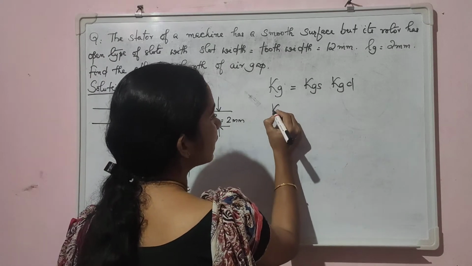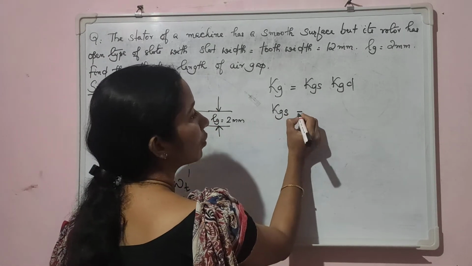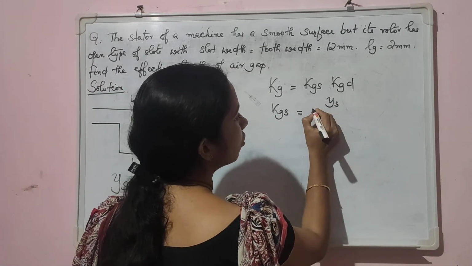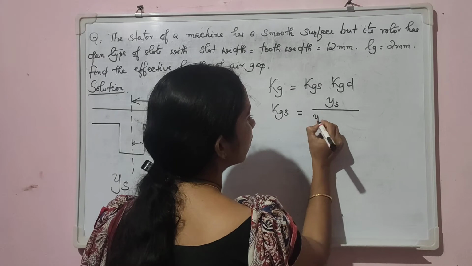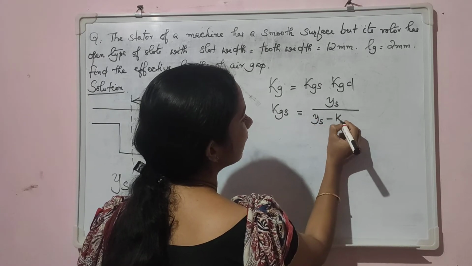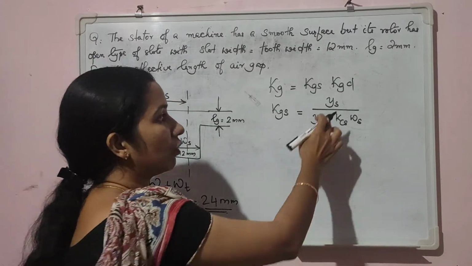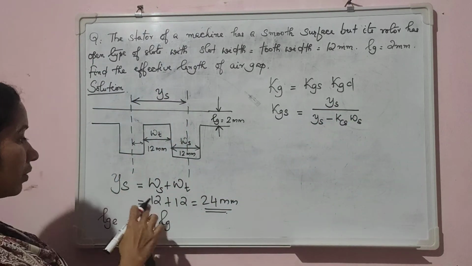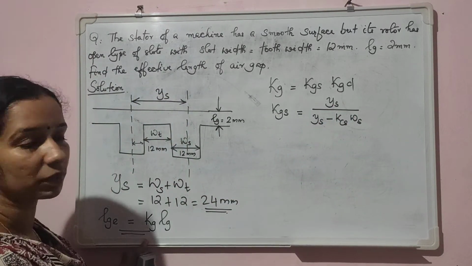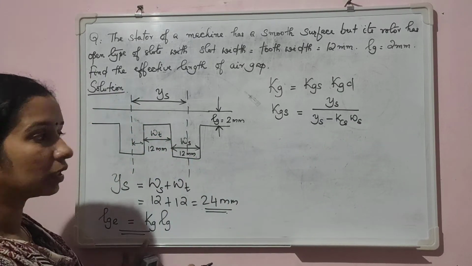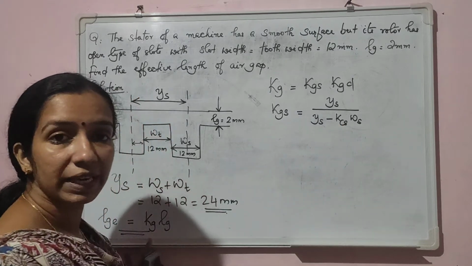So kg equal to kgs into kgd. Now what is kgs, the gap contraction factor for slots? It is given as Ys divided by Ys minus kcs into Ws. Ys, the slot pitch, we have already calculated. Ws, width of slot, is also known. Now we need the value of kcs.